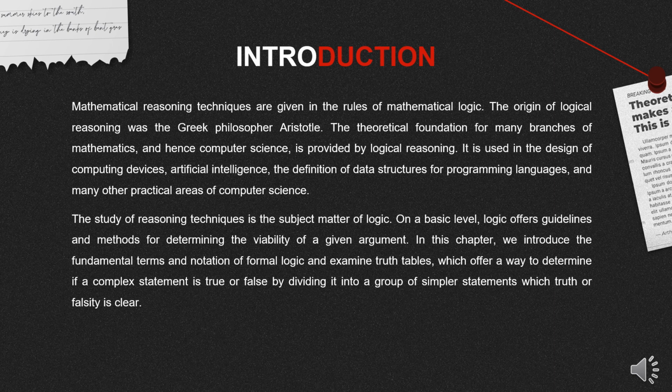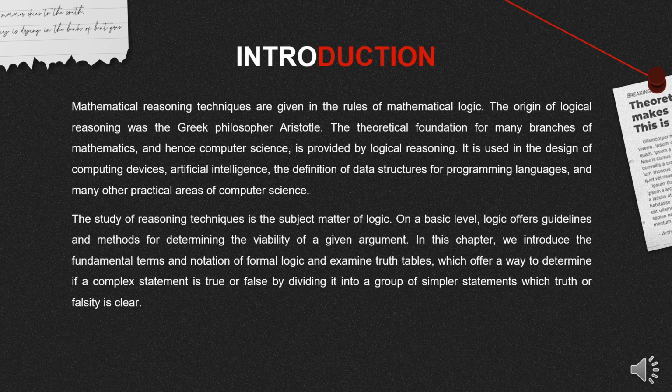It is used in the design of computing devices, artificial intelligence, and definition of data structures for programming languages, and many other practical areas of computer science. The study of reasoning techniques is the subject matter of logic.